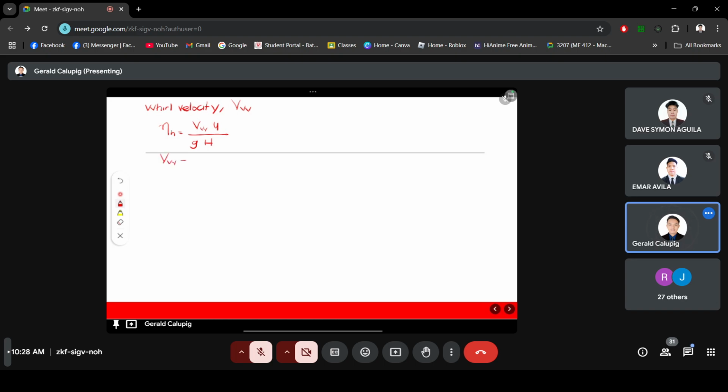We can have VW, or whirl velocity, is equal to the hydraulic efficiency times g times the net head over the tangential velocity. We can have our whirl velocity is equal to 0.94 times 9.81 meter per second squared times 68 meters over U. What is our U? 23.5541 meter per second. Our VW will be equal to what?